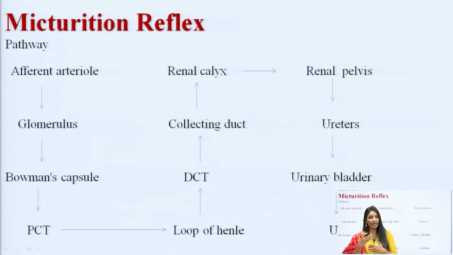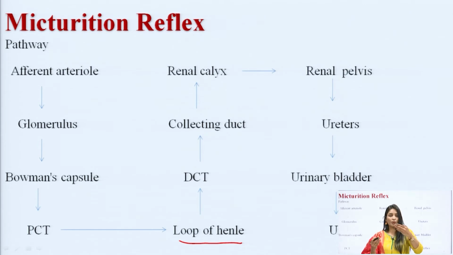Okay, first the afferent arterioles, and then it enters the glomerulus, and from the glomerulus to Bowman's capsule. From Bowman's capsule it enters the PCT. What is meant by PCT? Proximal convoluted tubule. Next it enters the loop of Henle. The loop of Henle is nothing but the descending limb of Henle, and after that the ascending limb of Henle.